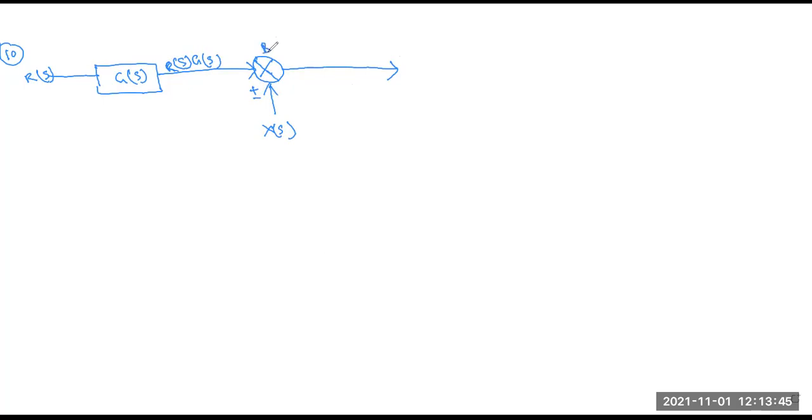We name this position summing point B, and here that is A. Now we have to change this summing point to before the controller part, before the block. This is vice versa of the previous rule. So this is basically the output equation, C(s) equals R(s) G(s) plus minus X(s). Is it clear, all of you?